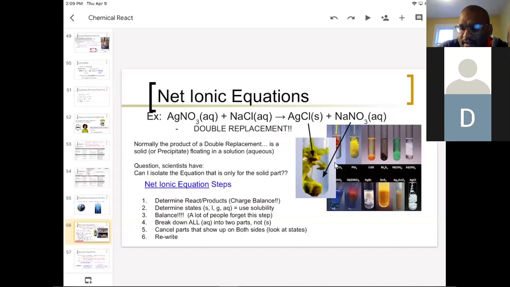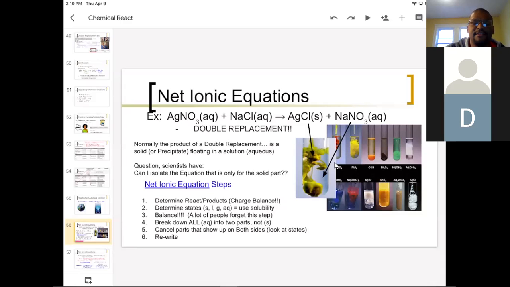That was well and good, right? They were able to combine these things and see these different parts. So the question that scientists have is, could I potentially isolate that cloudy part? Because if they can isolate the cloudy part, then they can make it without needing this combination.